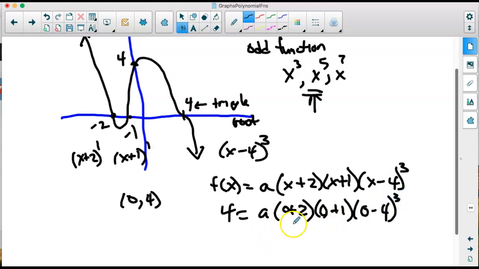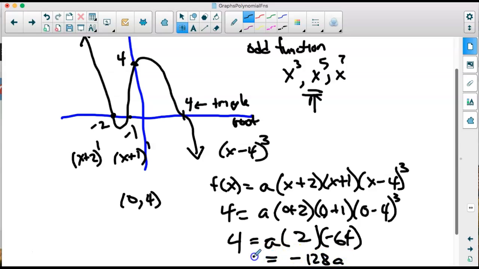Okay, and we'd figure this out. So this is 2 times 1, that's 2 there. This is negative 4 to the 3rd power, so that's going to be negative 64. And a times that equals 4. So this is going to be negative 128.